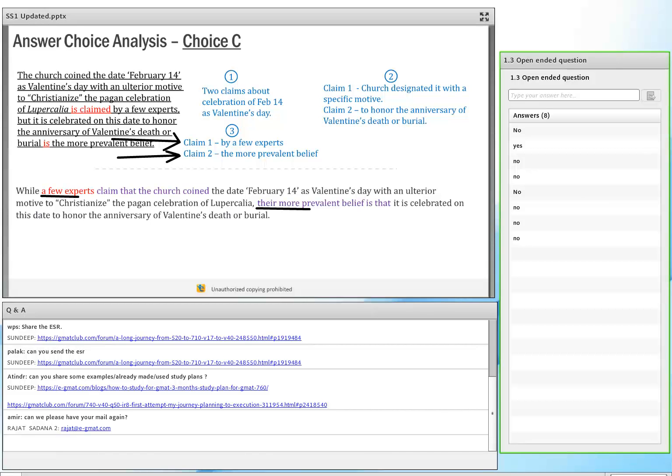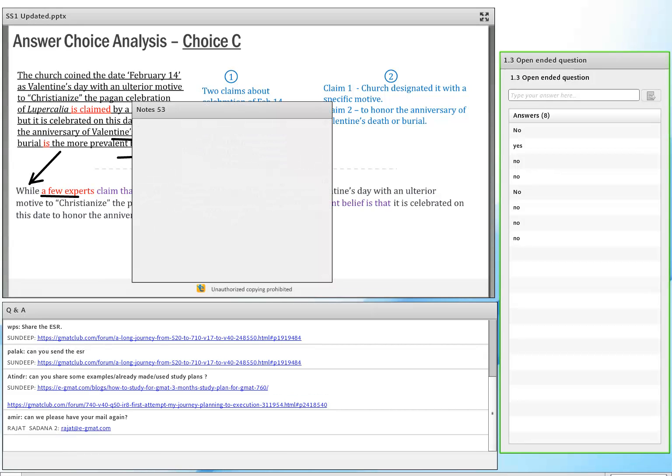Okay. The use of while is not grammatically wrong. Let me just bring another sentence over here, from a grammar standpoint.